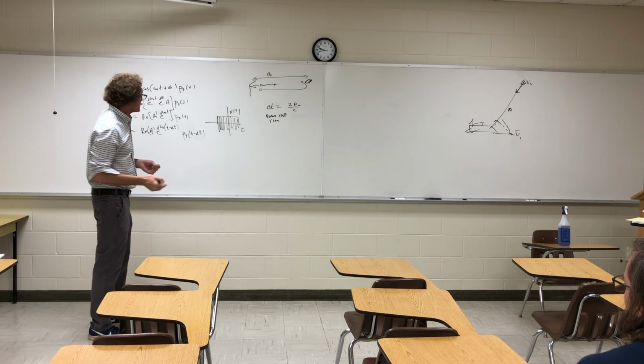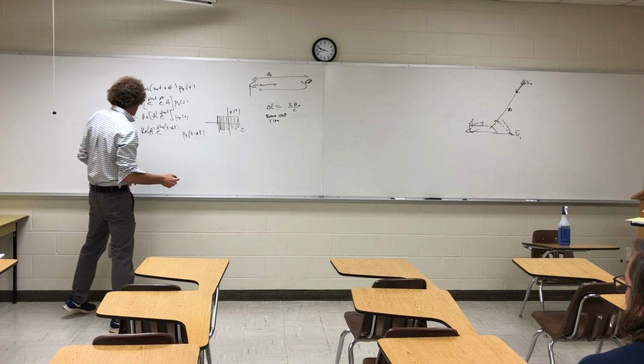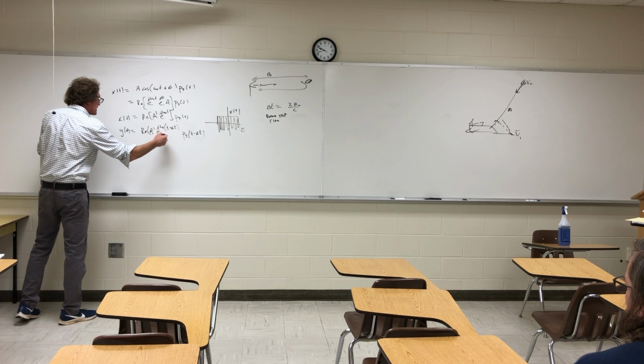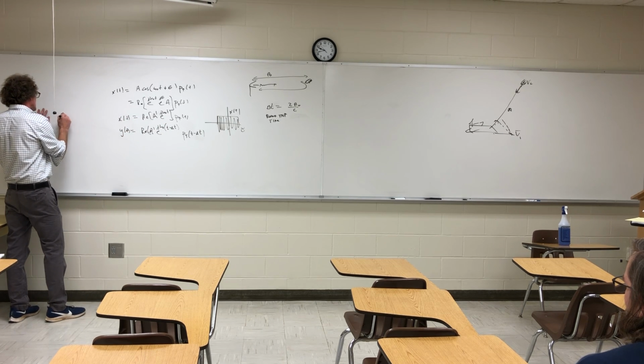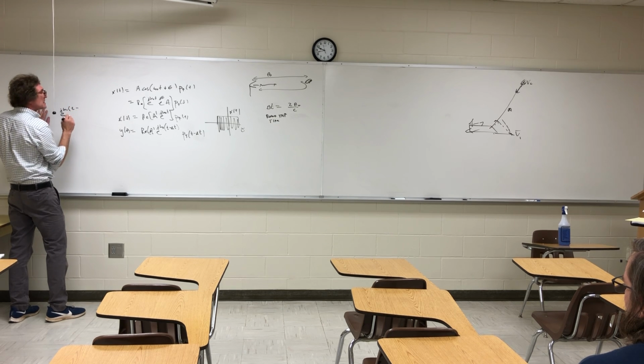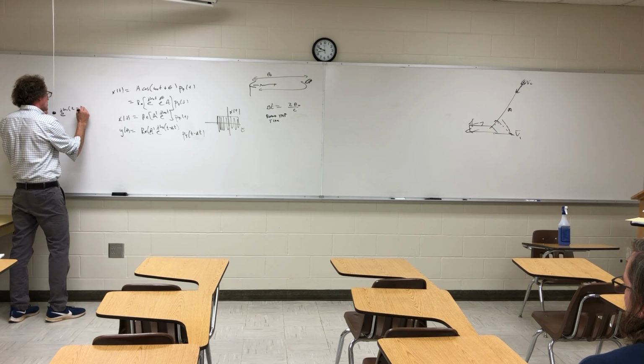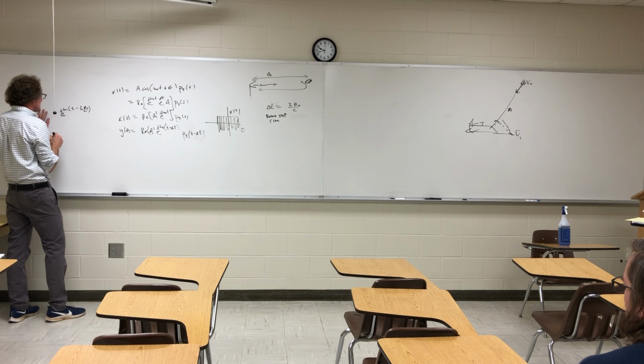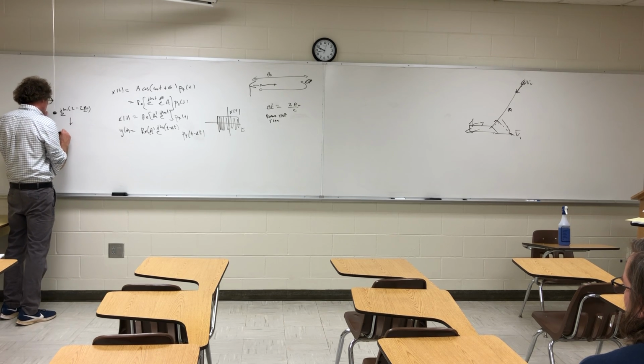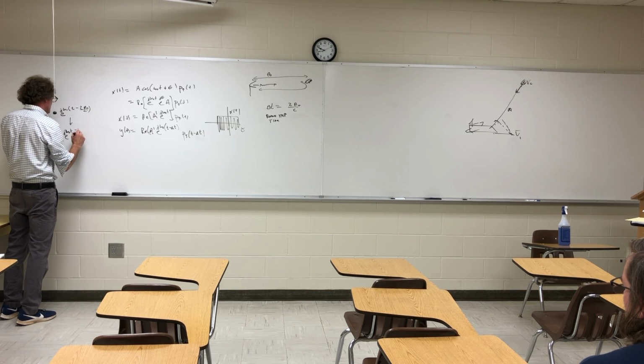That's the idea. If that's the round trip time, then I can take a look at this term right here, and I can say e to the j omega naught times (t minus 2r0 over c) becomes e to the j omega naught t right here times e to the minus j omega naught 2r0 over c.